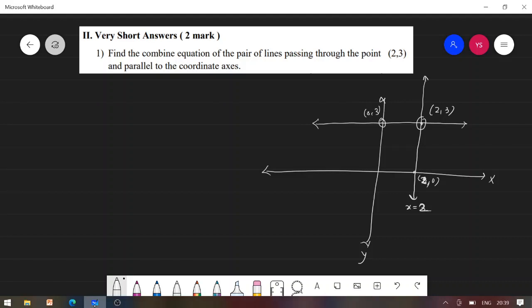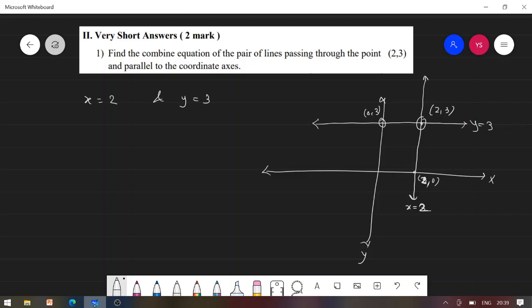The line parallel to the x-axis passing through the point (0, 3) has the equation y equals 3. So we have the equations of the lines: x equals 2 and y equals 3.